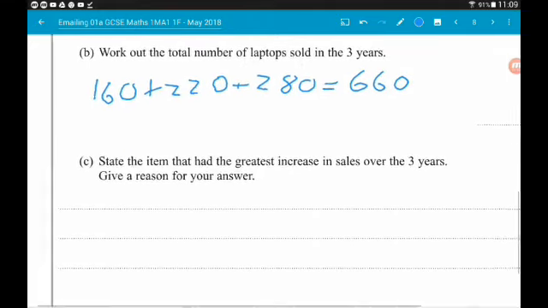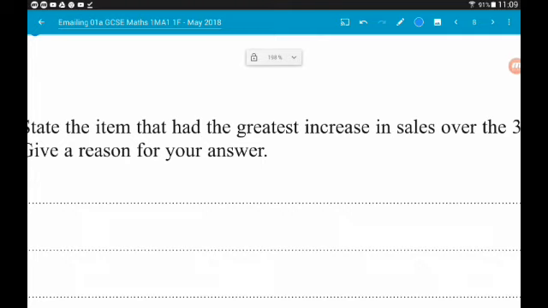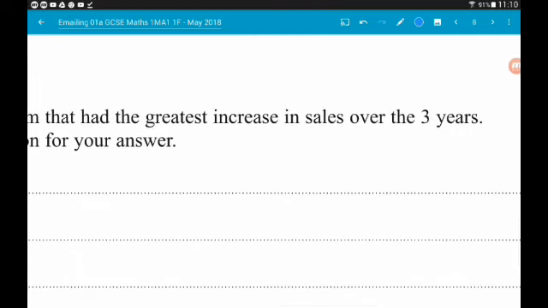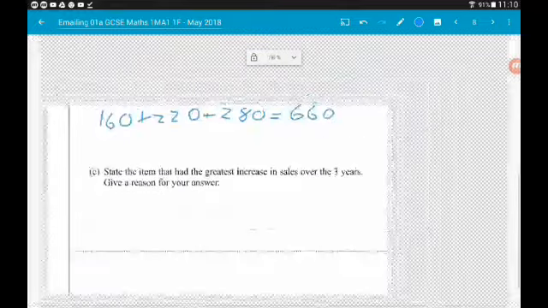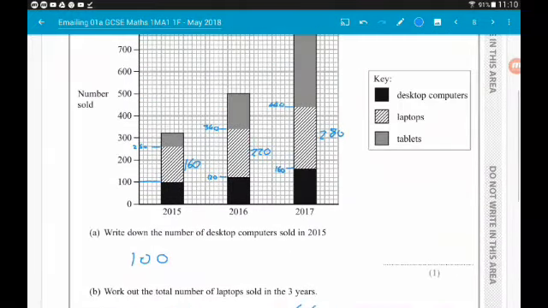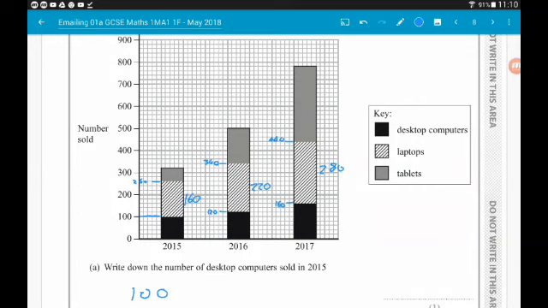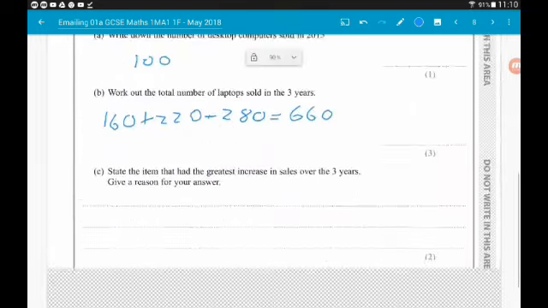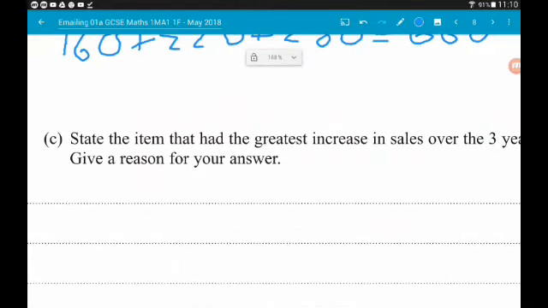Part C asks us to state the item that had the greatest increase in sales over the 3 years and give a reason for our answer. So hopefully it's quite easy to see that it's tablets.